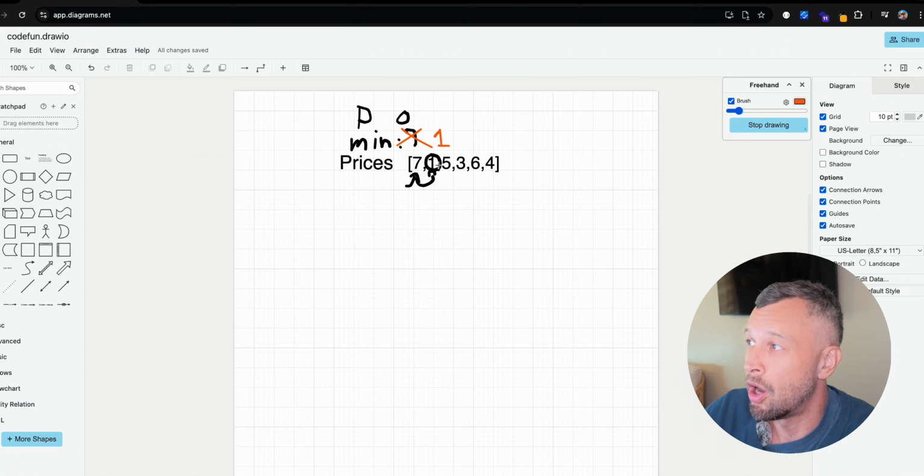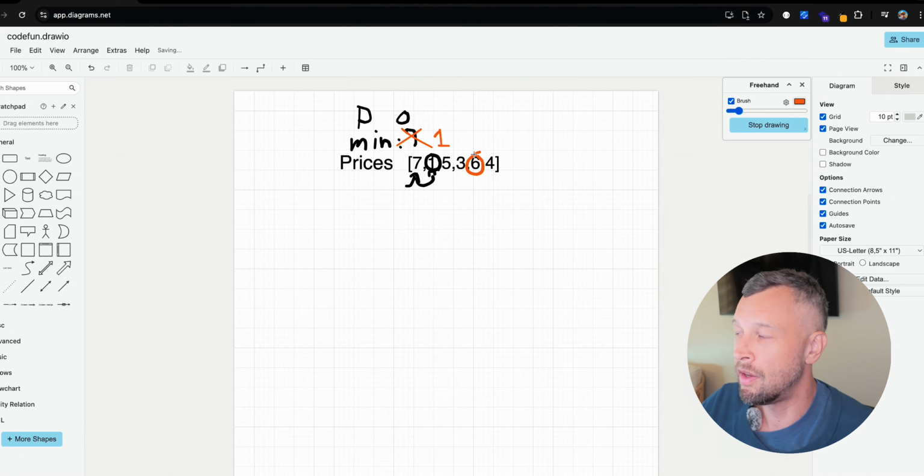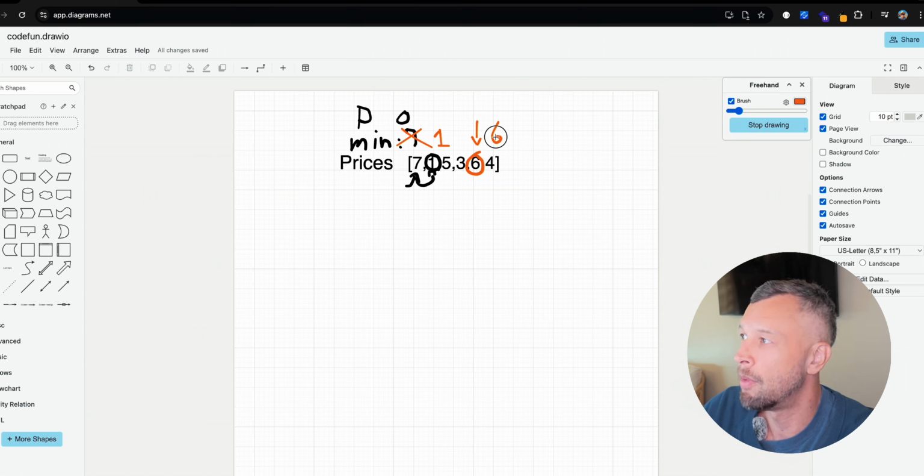And then for profit, once we get to 6 here, we can see that ideally we would want to sell it on this day here when the stock is at 6. We would sell here, which if we subtract 6 minus 1 equals 5, that would be our profit.